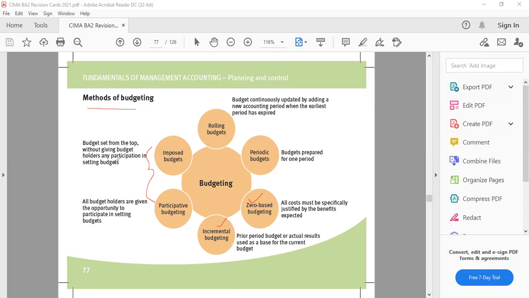On the other hand, in the participative style of budget, various levels of management and employees from various levels are called in to contribute their opinion about what the budgeted figures are. Because the ones who are involved in implementation understand these details better. So feedback is collected from them and that is included.